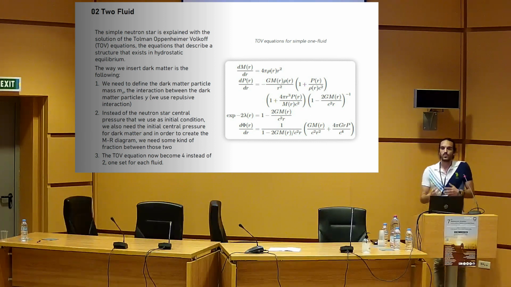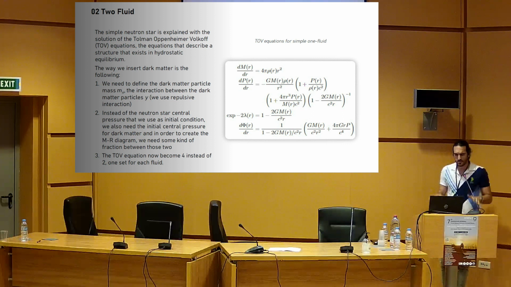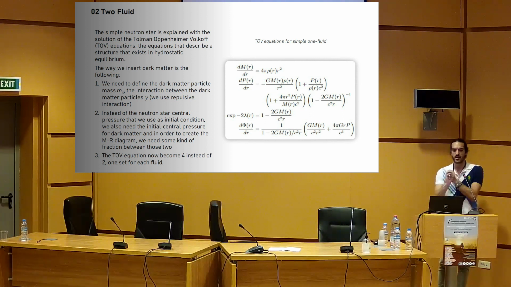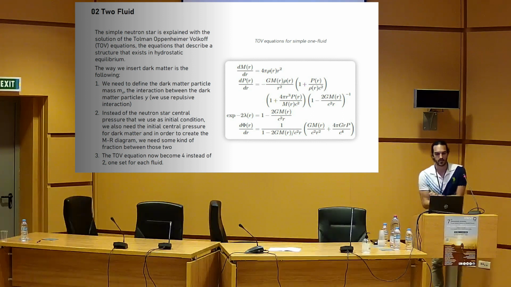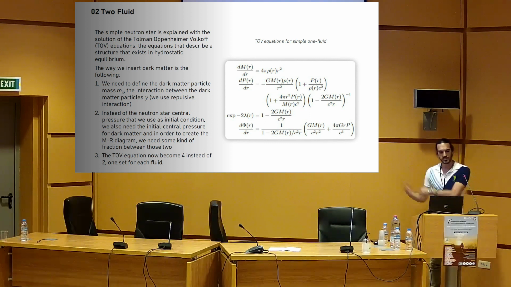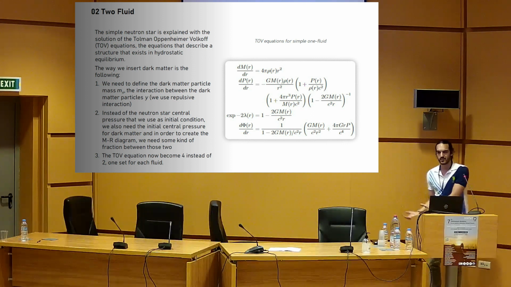So how do we insert dark matter into these equations? First of all, we have to follow some simple steps. Define the dark matter particle mass, then choose the interaction between the dark matter particles, and we use strong repulsive interactions in order to create the objects that you will see later. And instead of only the neutron star central pressure as initial condition, we now also need the dark matter central pressure.